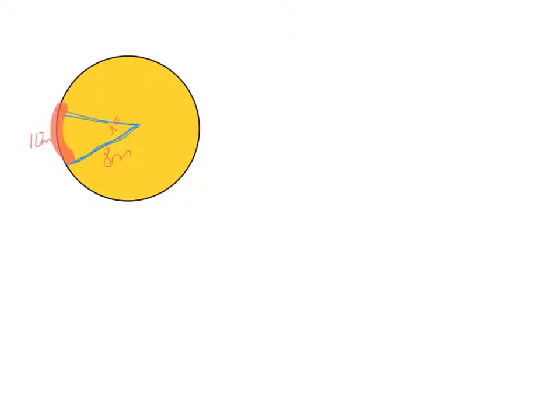Okay, in this example I've been asked to calculate the angle x, and I have been given the radius, and I've been given the arc length.